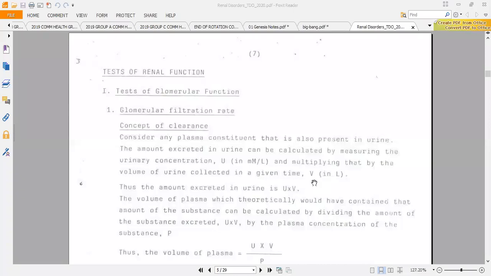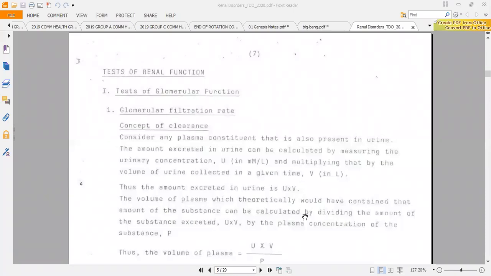Because remember from SHS, we know concentration is equal to mass over volume. Therefore, mass is equal to concentration times volume. So if I multiply the concentration of the drug in the urine by the volume of urine, then I'll get the amount of the drug that is excreted. So that's where this equation is coming from. Good.